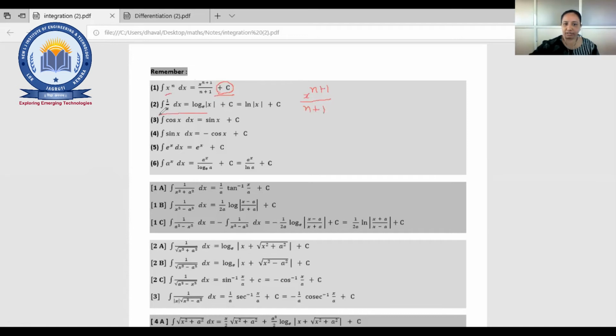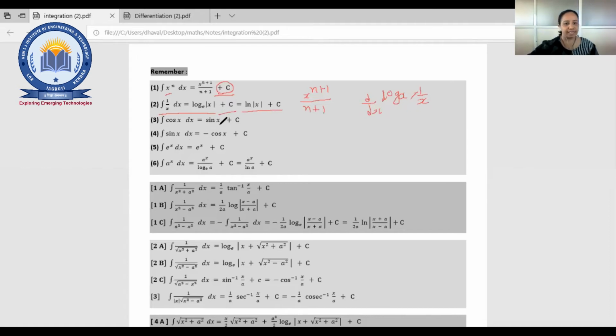Fine. 1 upon x. We know the differentiation of log x, d by dx of log x, is 1 upon x. So obviously the integration of 1 upon x is log mod x plus c, or you can write ln x plus c.